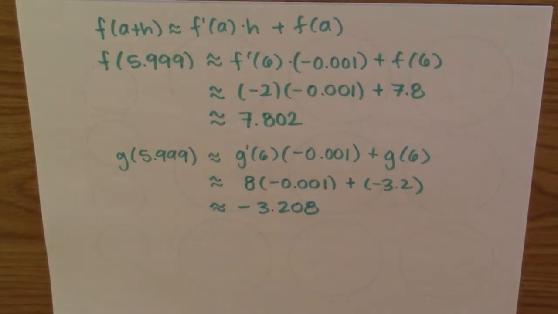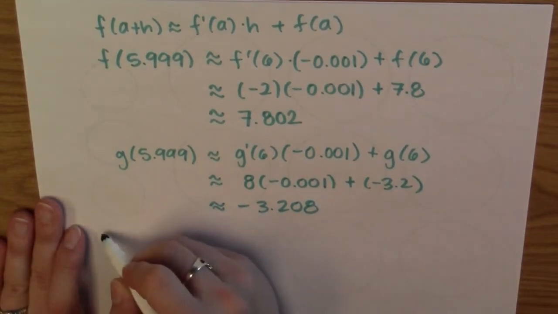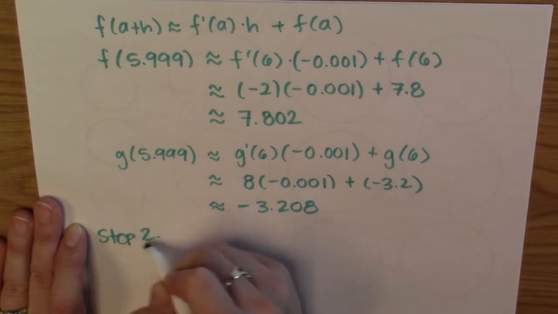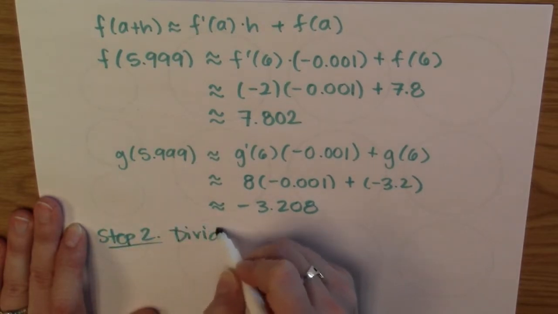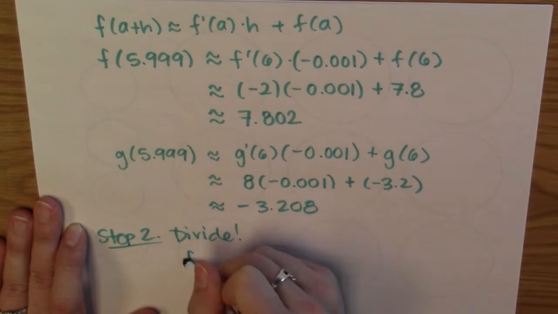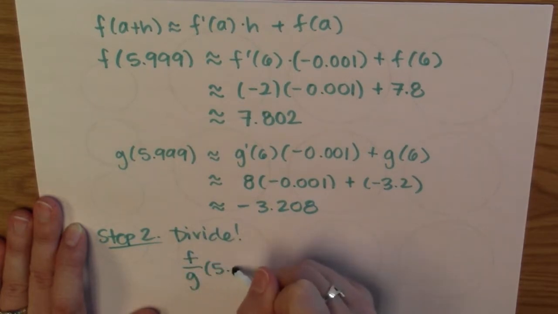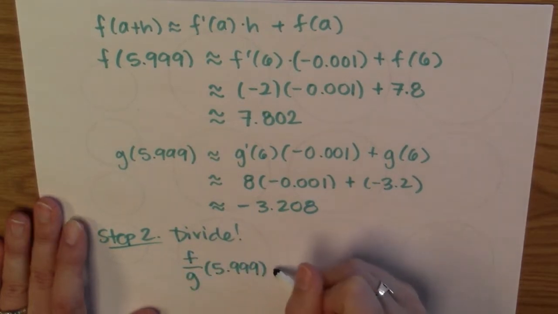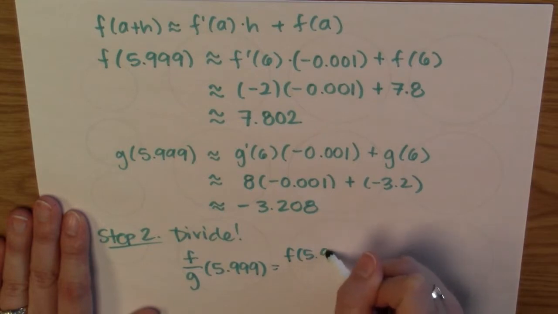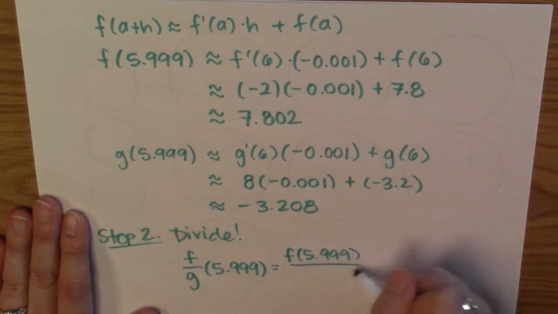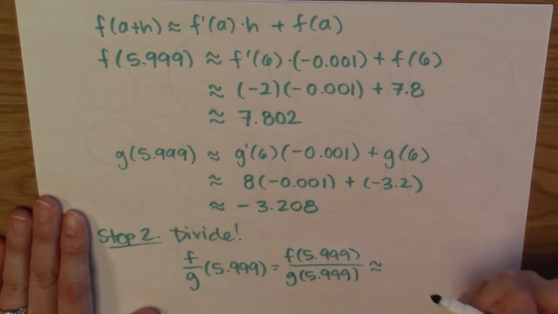All right, so then in order to find the actual value, step 2 is to divide. So then f over g at 5.999 is f at 5.999 over g at 5.999, which we've just approximated.